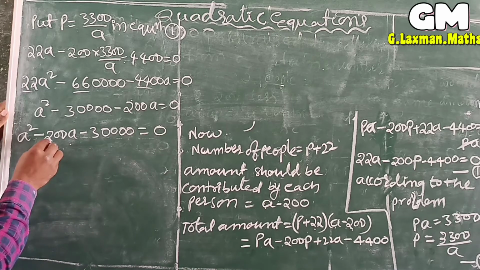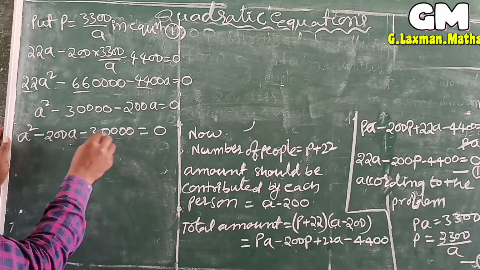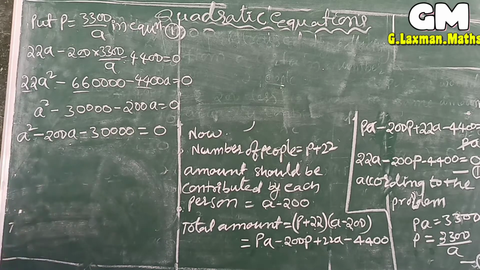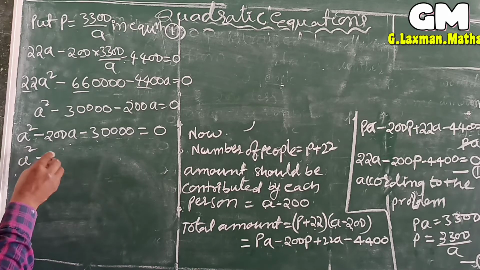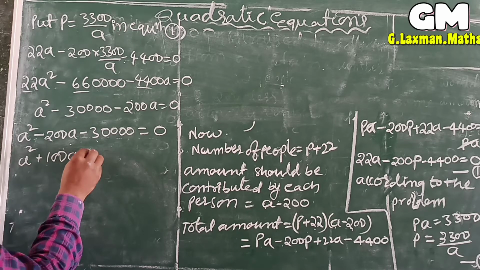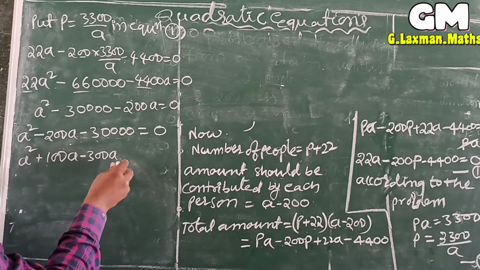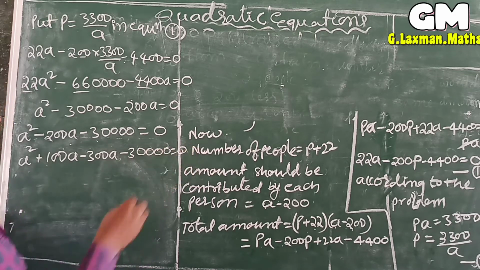Now factorize this. You have 200 in the middle and you have to divide 30,000. So 100 threes are 300, right? So 100 into 300 we can take: A squared plus 100A minus 300A minus 30,000 is equal to 0.